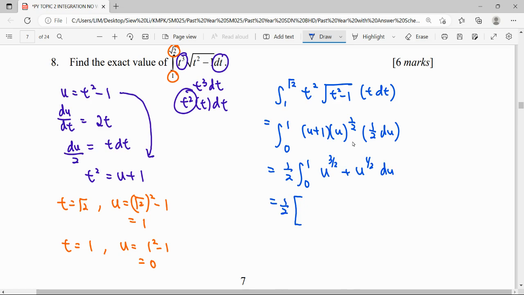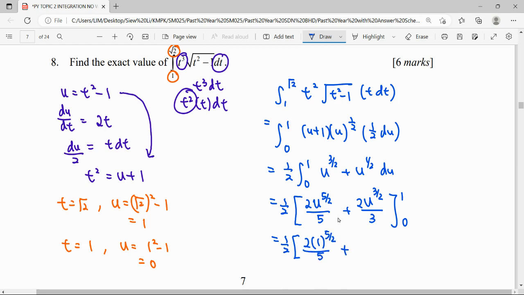Then we can start to integrate. For this term, we integrate by using power plus 1 over the new power. So 5 over 2, straight away I put up. Again, power plus 1, 3 over 2 over the new power. So we can substitute the limits now.